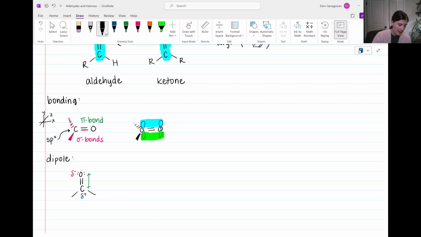So that causes aldehydes and ketones to have a higher boiling point than similar nonpolar molecules, because it has a dipole, but also a lower boiling point than similar molecules that are hydrogen bonding donors.